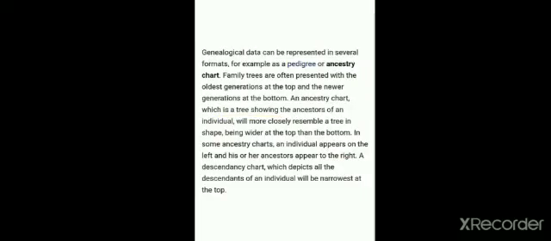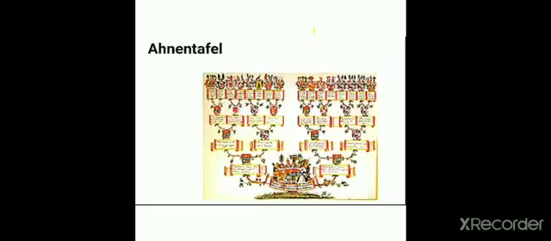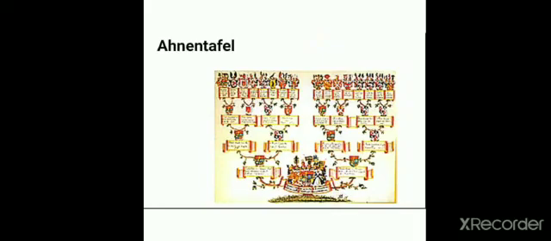Here you can see another family tree, the Ahnentafel family tree. Here you can see the family tree is narrower at the bottom and wider at the top, because for the birth of a single person, there are so many people who are the factors.